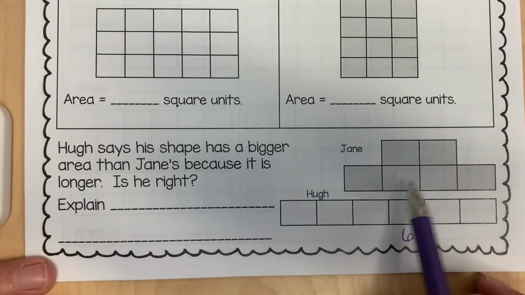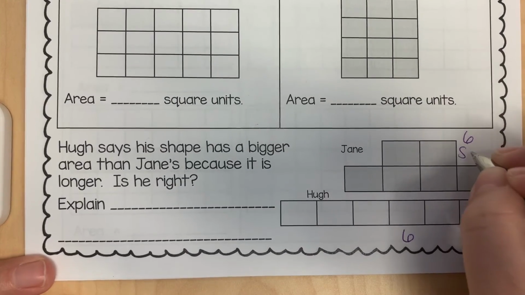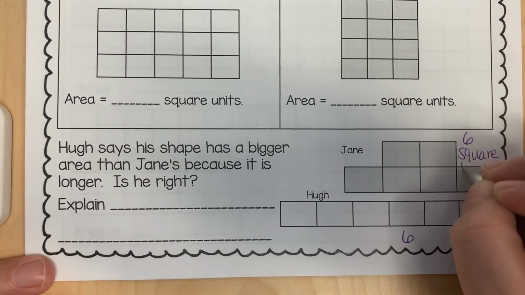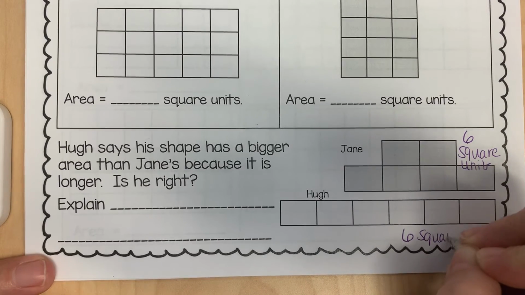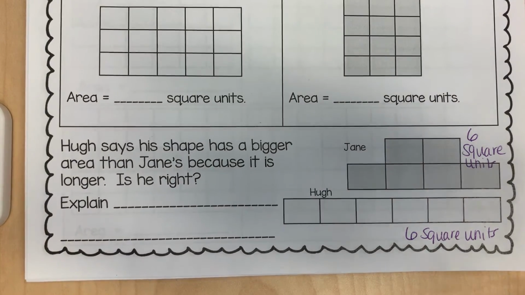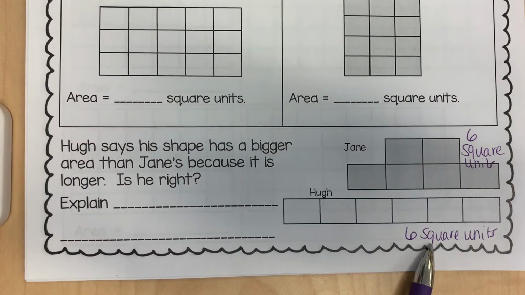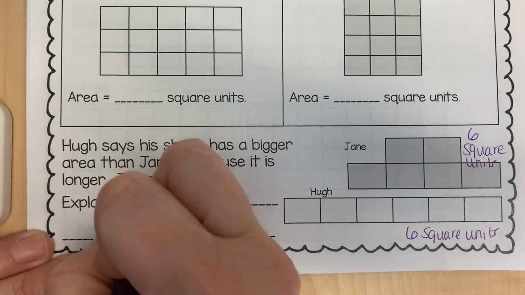This has 1, 2, 3, 4, 5, 6. This has 6 square units. So it also has square units. So actually, their area is not different. It is exactly the same. So is his area bigger? No, he is not right.